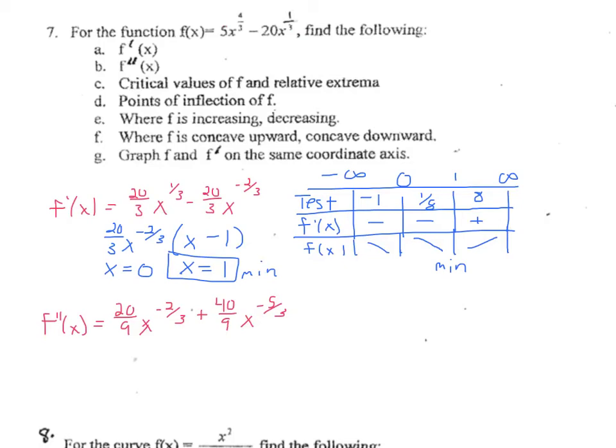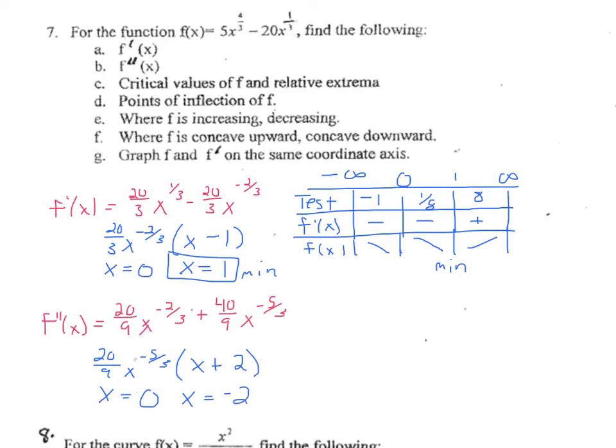So I'm going to factor out a 20/9, x to the -5/3, which will give me an x minus 5... and that will be +2. So it looks like my possible points of inflection are at 0 and at -2.